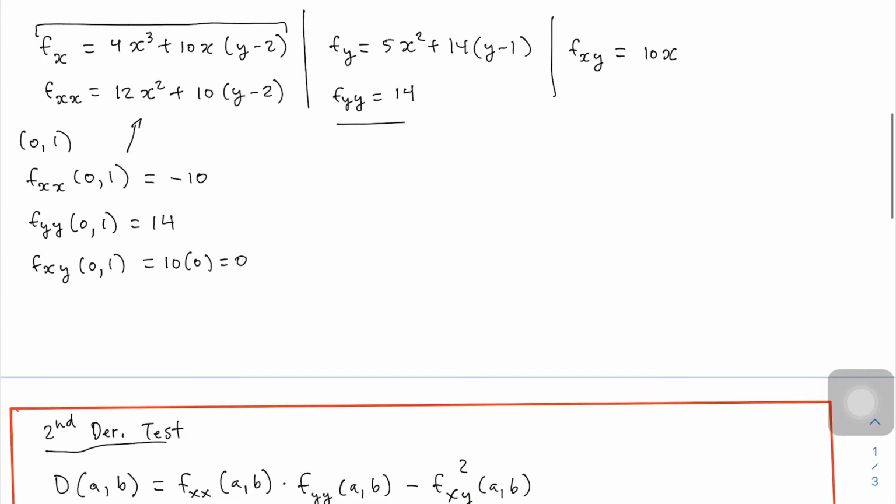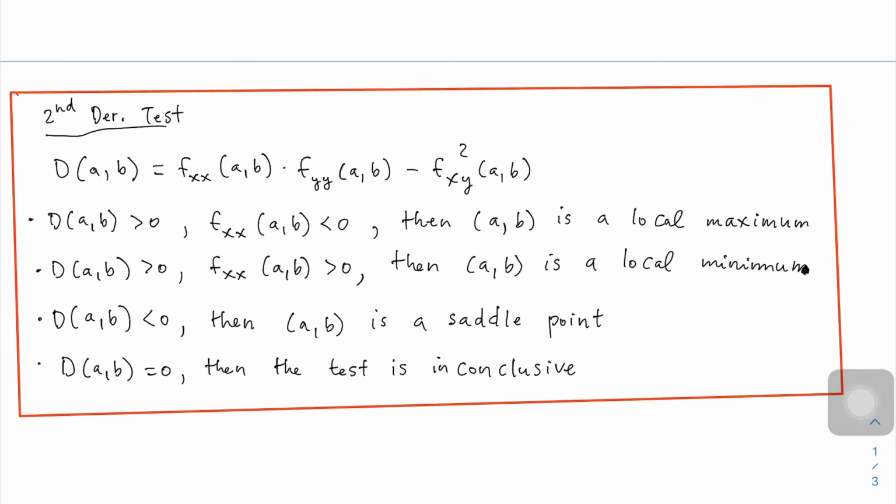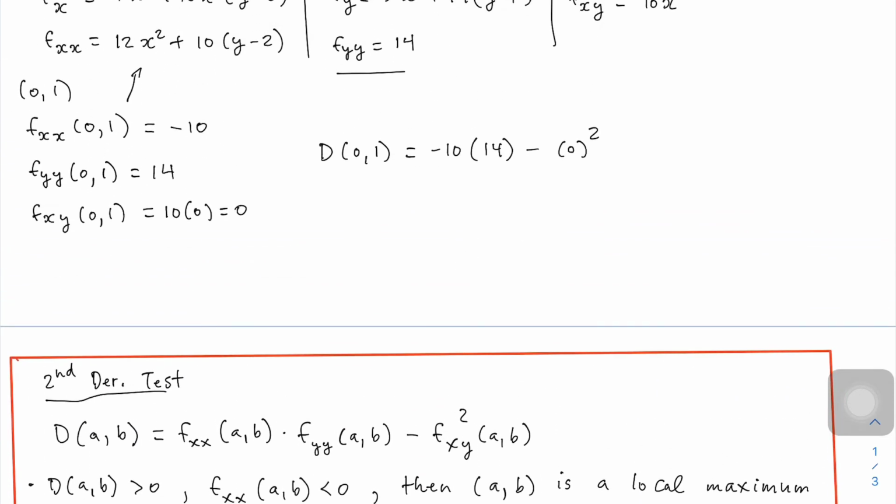Okay, now that we have these three elements, we can calculate D of (0, 1). We get negative 10, we multiply by 14, minus 0 squared. So we're using the equation here. And this gives us negative 140, which is less than 0.